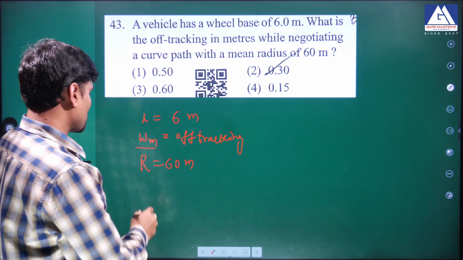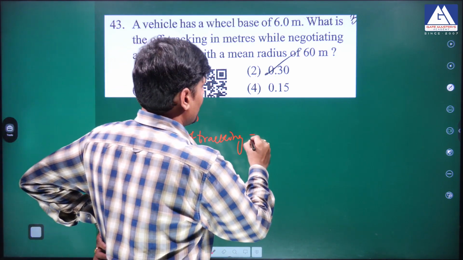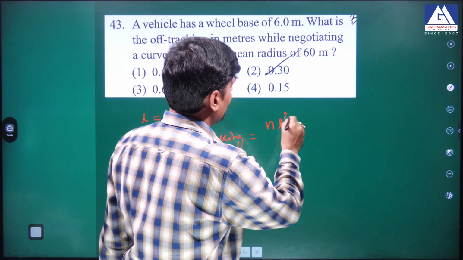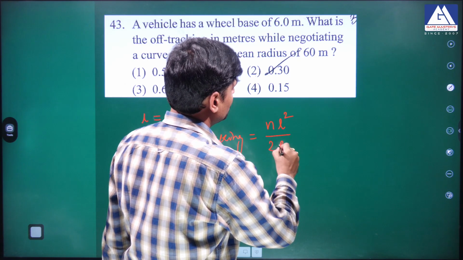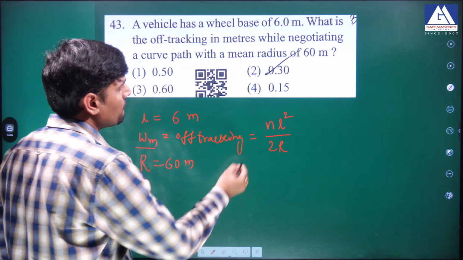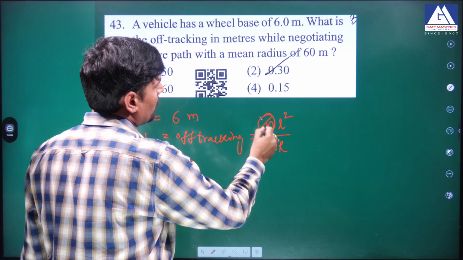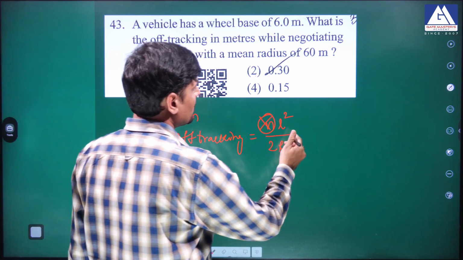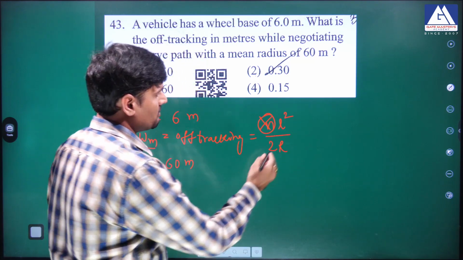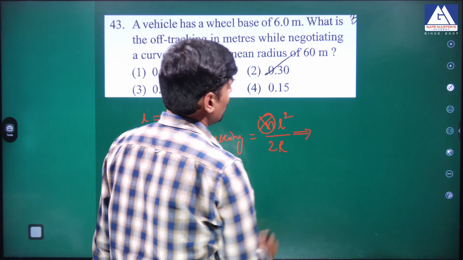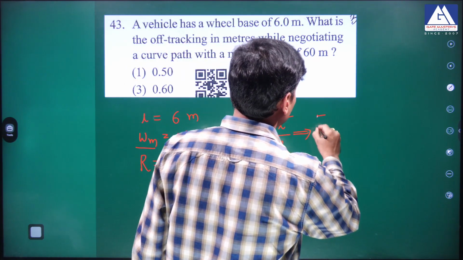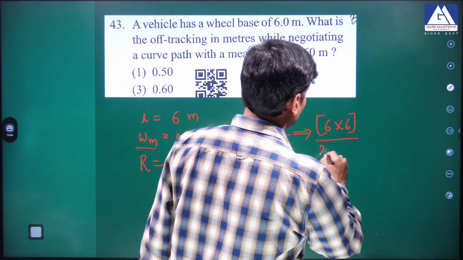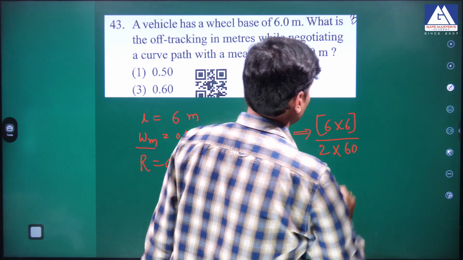Here the mechanical widening formula is nl square by 2R. But the number of lanes, that means n, is not given, so we are bound to use l square by 2R. Here l is 6, that means 6 into 6 divided by 2 into 60.